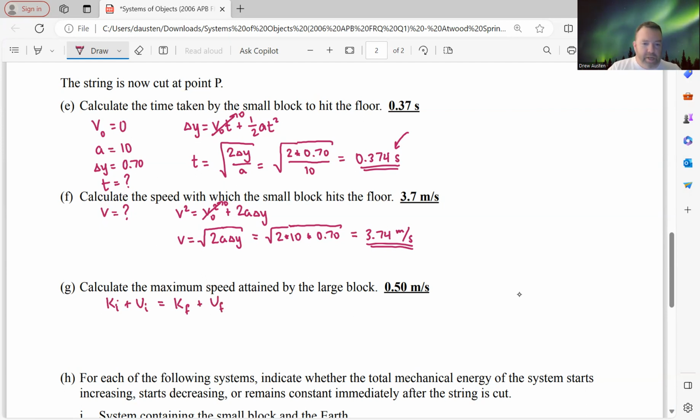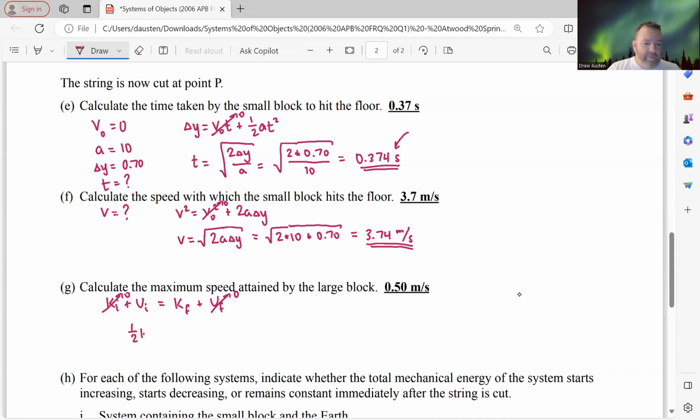Initially, there is no kinetic energy in the system. It's not moving. And at the end, when the block is at its maximum speed, is when the spring is no longer stretched. So it's going to have an elastic energy of 0. So we're going to have the initial elastic energy is equal to the final kinetic energy.